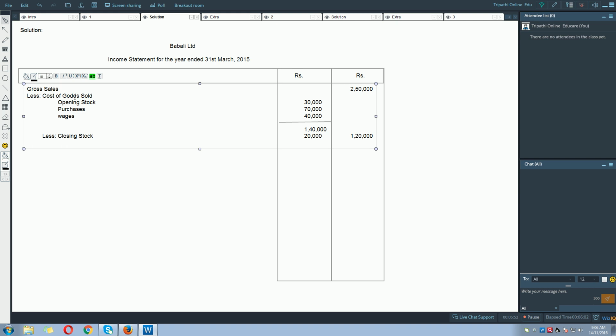If you subtract cost of goods sold from gross sales, you will get gross profit. So gross profit is 250 minus 120, you will get 1,30,000.